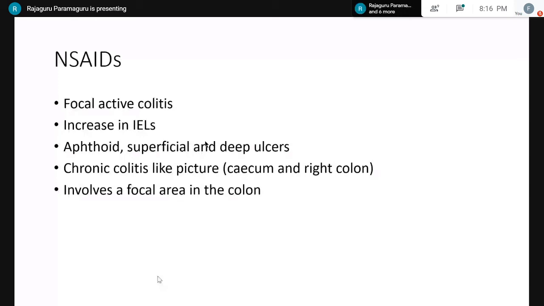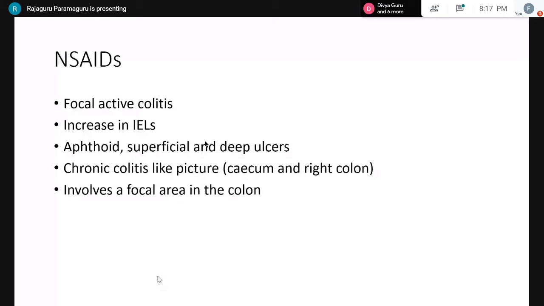To differentiate from GVHD, that is graft-versus-host disease, there are certain features, but since the patient is on this drug, I don't think graft-versus-host disease will come under the differential.